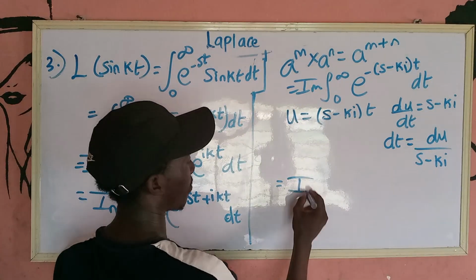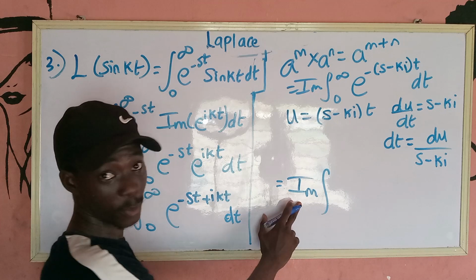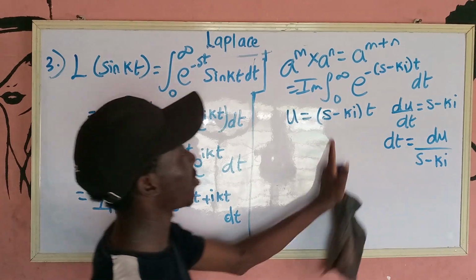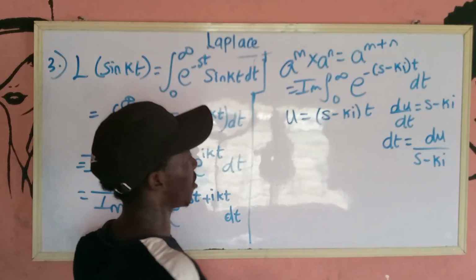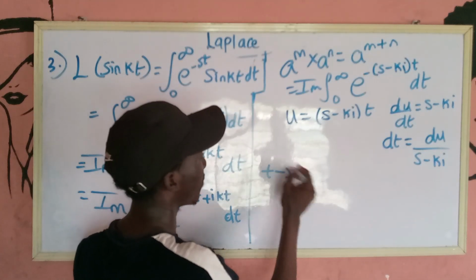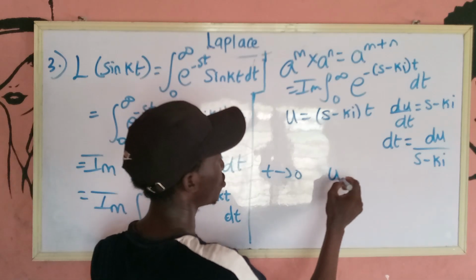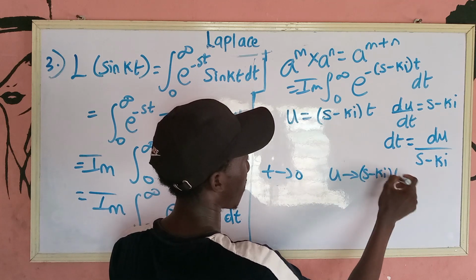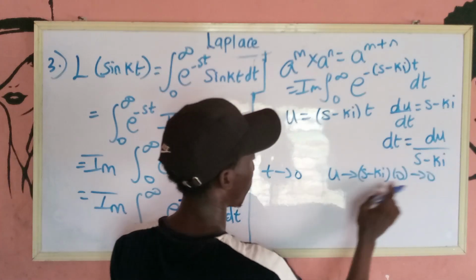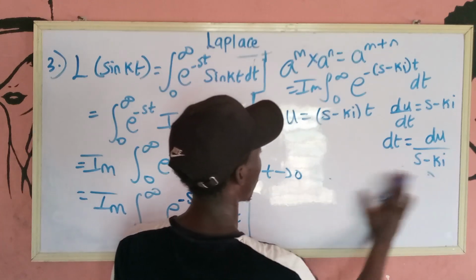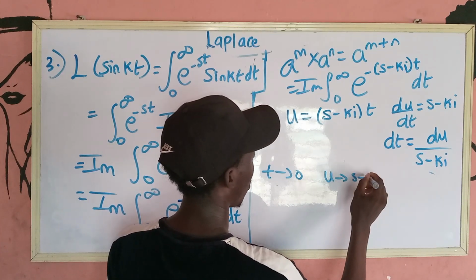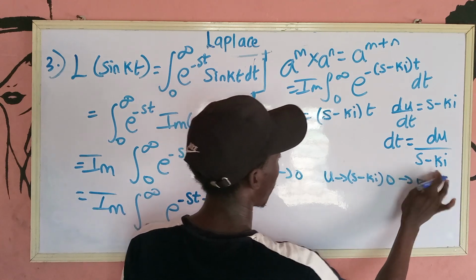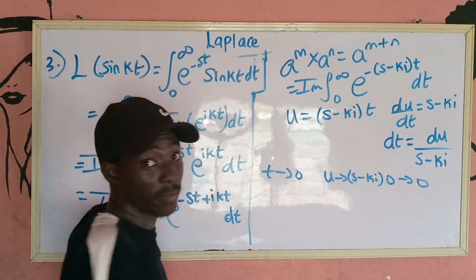So this is an operator, I've said before. Imaginary and this infinity. Before I go to that, I have to check out the boundary, but I think it's also the same. As t is going to 0, u also goes towards 0. 0 times this is 0, 0 times any number is 0.